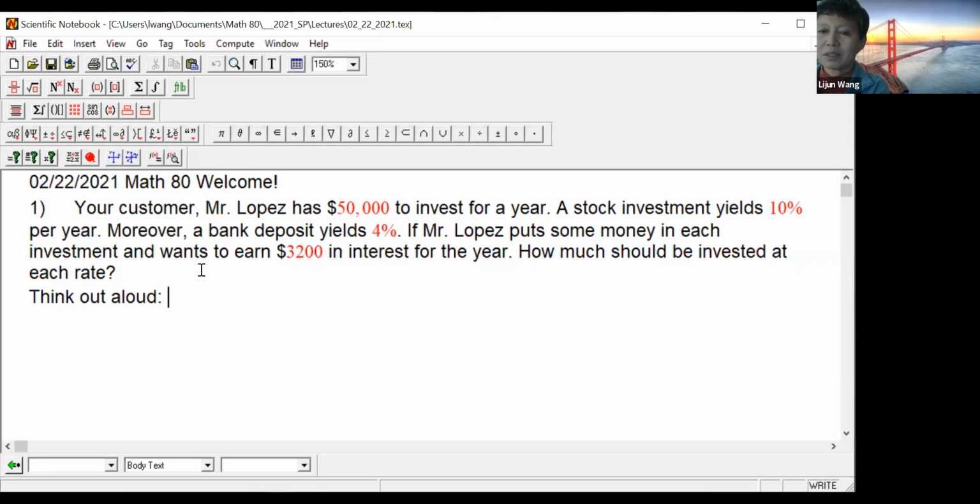A bank deposit yields 4%. Mr. Lopez puts some money in each investment and wants to earn $3,200 in interest for the year. So at the end of the year, Mr. Lopez wants to have $3,200 more by making the correct distribution of his $50,000 into 2 different accounts.